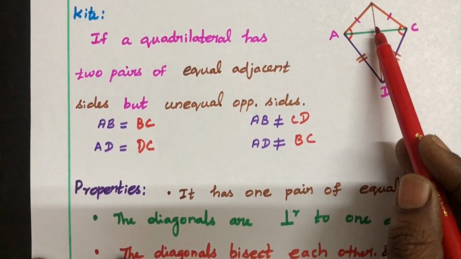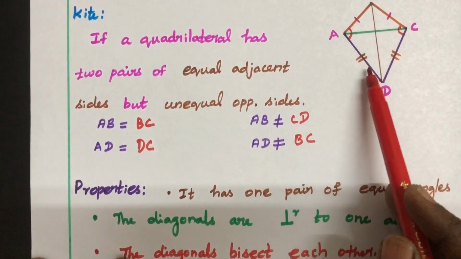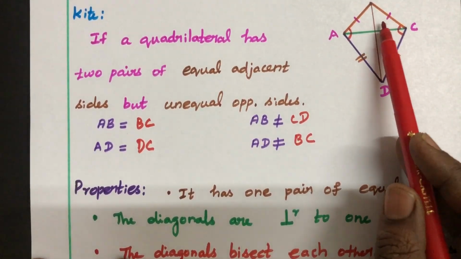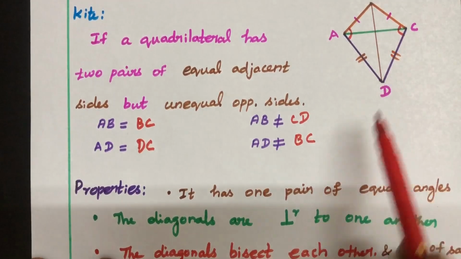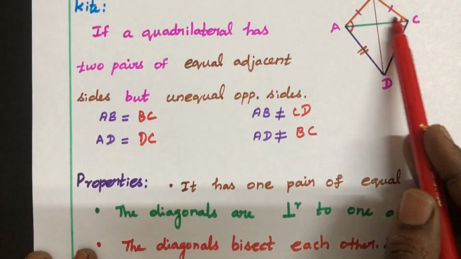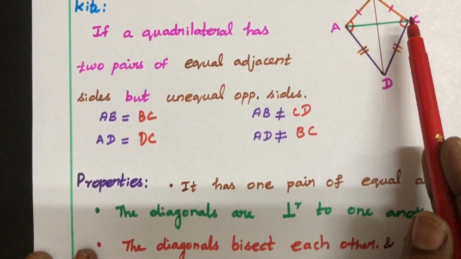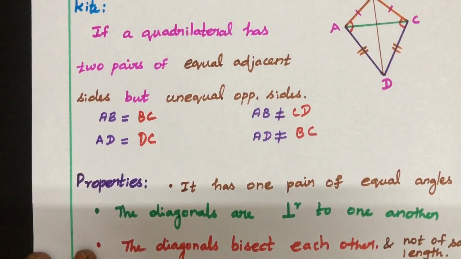Perpendicular means it cuts the two lines at 90 degrees. These two lines intersect each other at 90 degrees. Next, the diagonals are not of the same length. Obviously, these two are not of the same length. This is called a diagonal. This is all about kite.